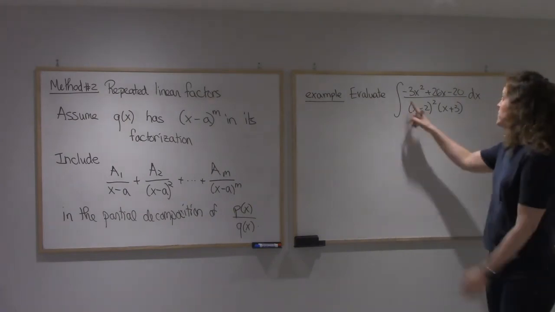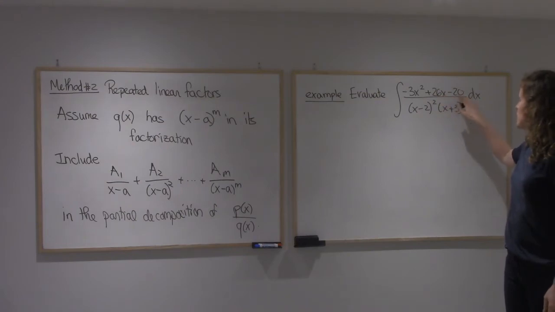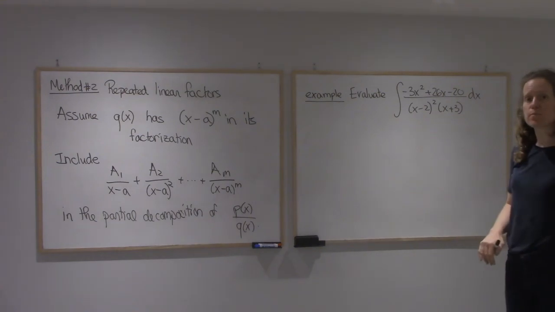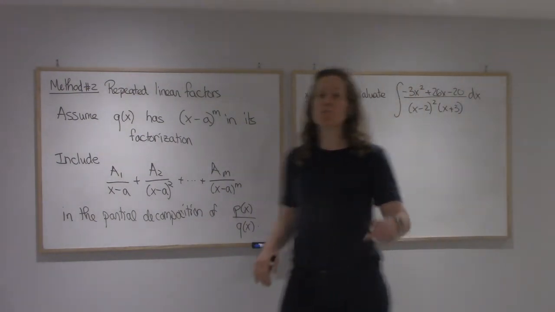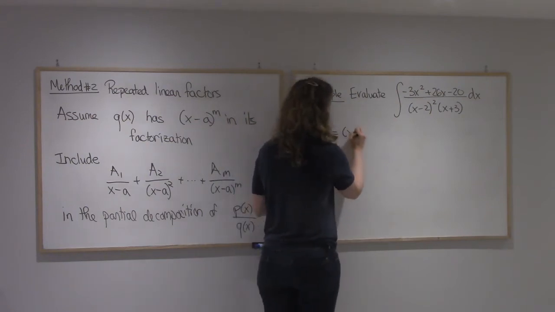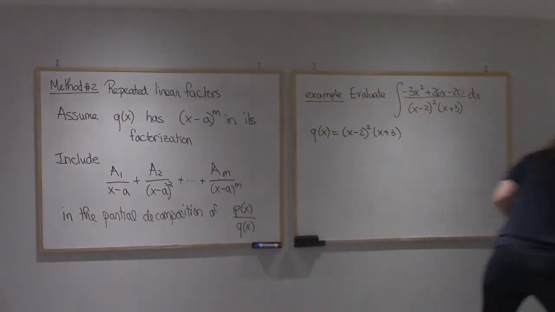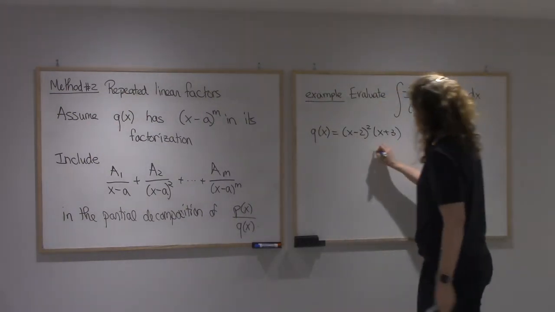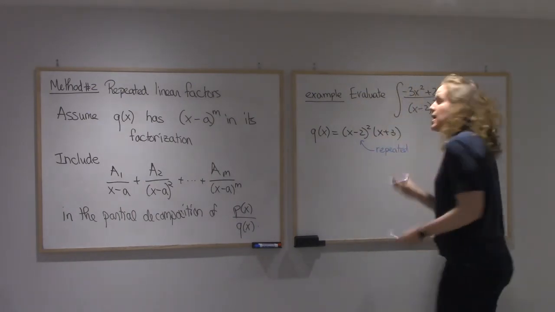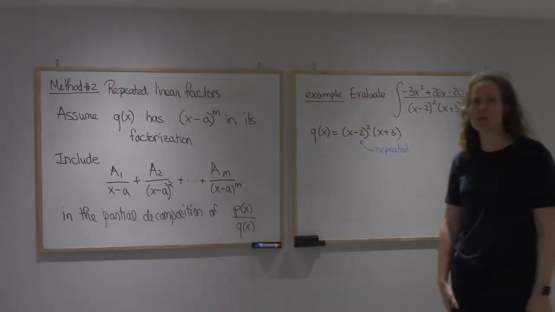So let's say we're asked to evaluate this integral, minus 3x squared plus 26x minus 20 over (x minus 2) squared times (x plus 3). Then I'm going to use partial fractions, but method 1 doesn't apply because my q of x has a repeated factor of x minus 2, it appears twice in my factorization.